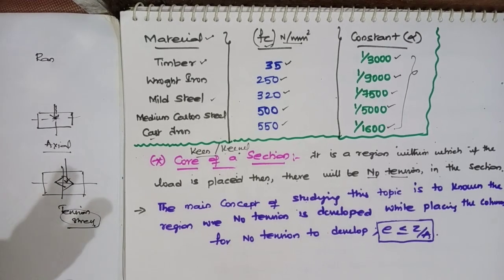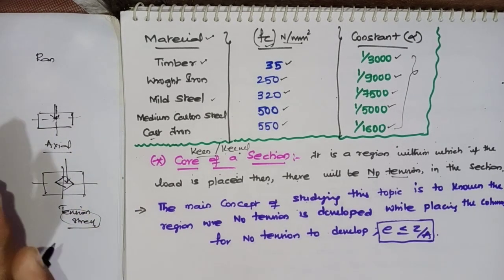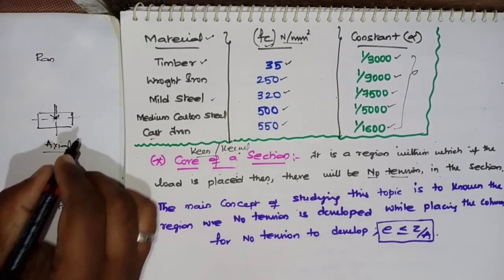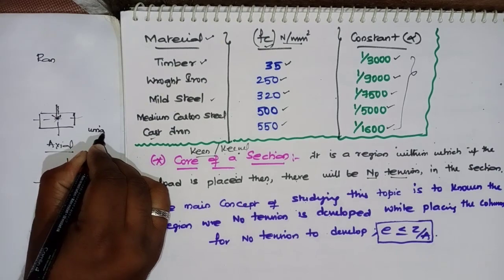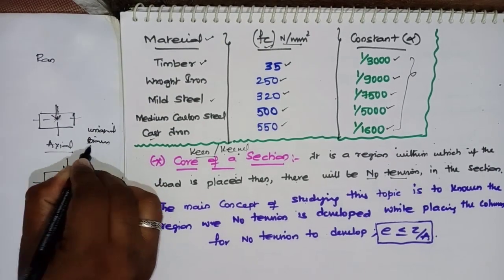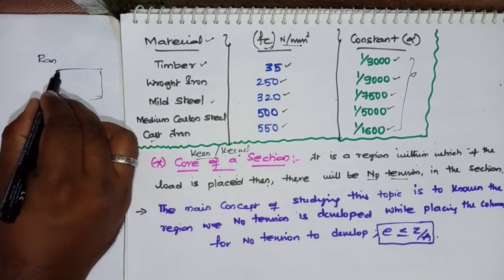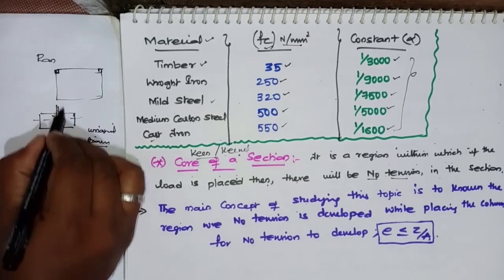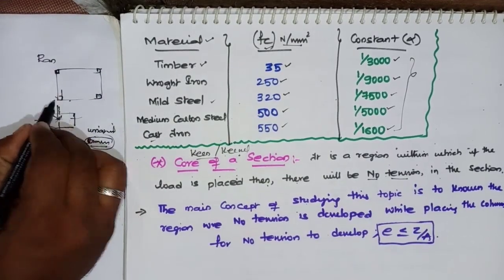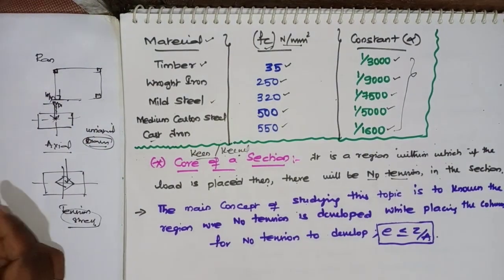Because for axial loading the calculations are direct, but for eccentric loading you may have uniaxial moments or biaxial moments. Suppose I take a multi-storied building: the corner columns may get biaxial moments, Mx and My.